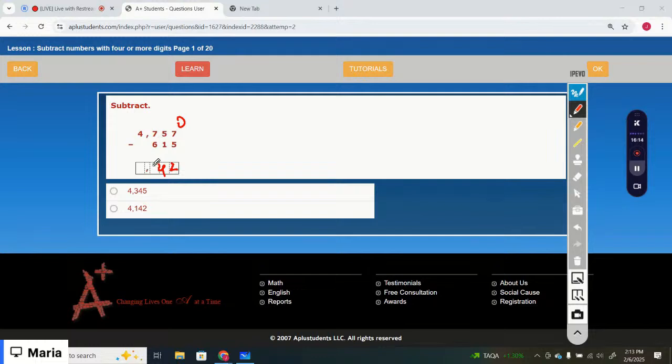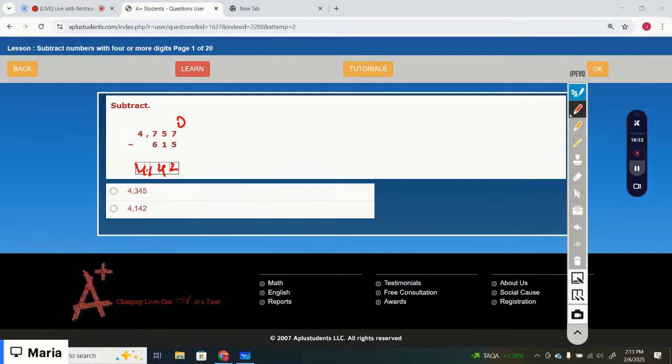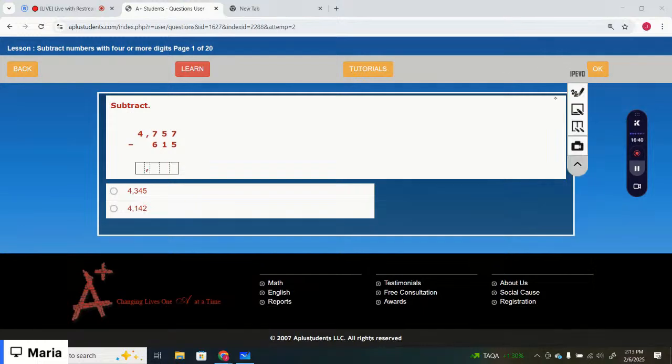Then 7 take away 6. That is 1. And then you have 4. That is 4,142. So the correct option is 4,142. Option number 2 is the correct option.